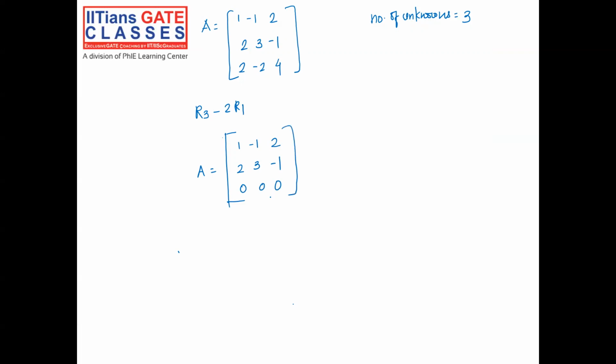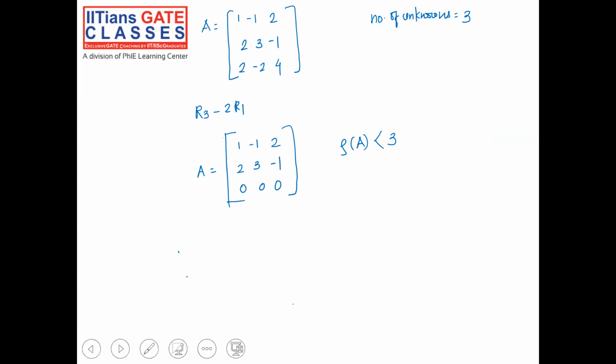So we can clearly see here that the rank of matrix A is less than the number of unknowns. Okay, so here we can see rank is 2. You can further simplify, but it's obvious that from this step itself we can say it's less than 3.